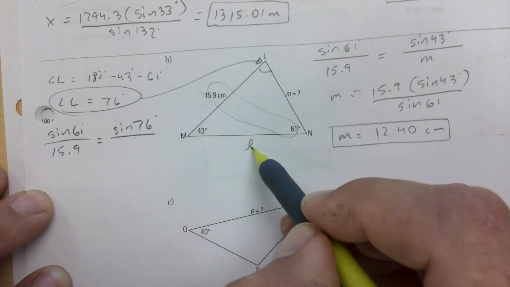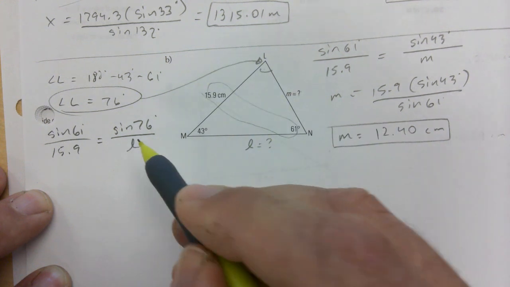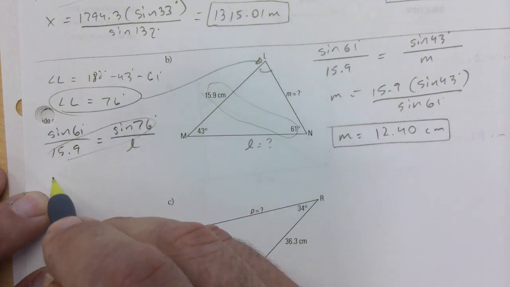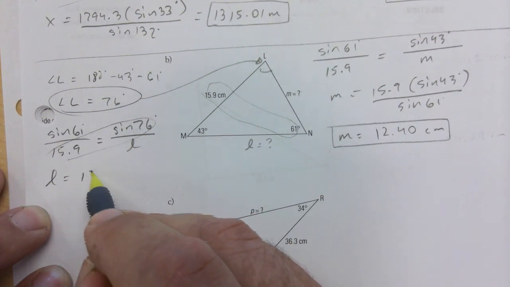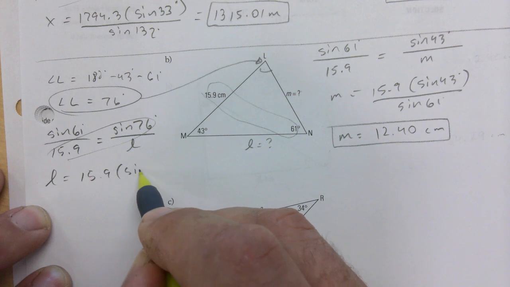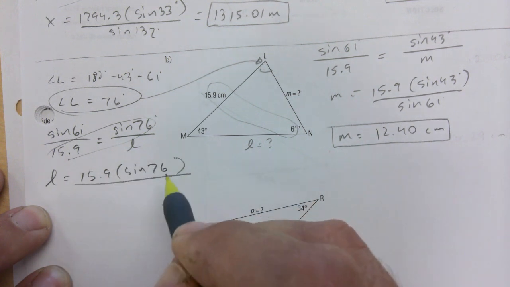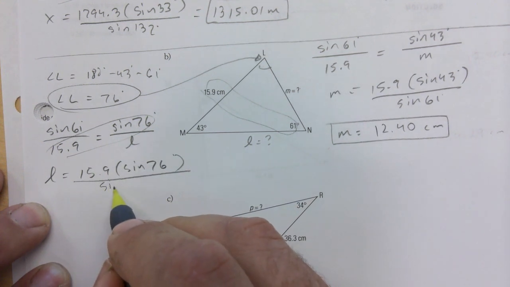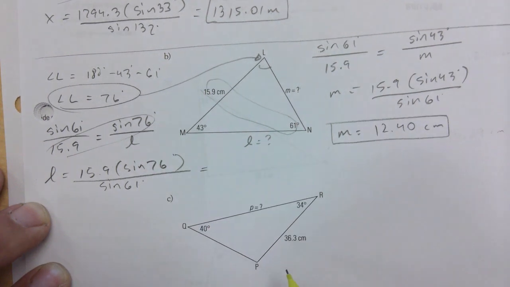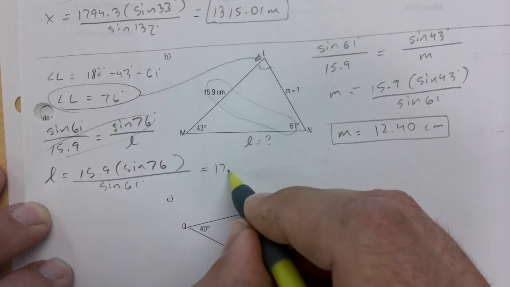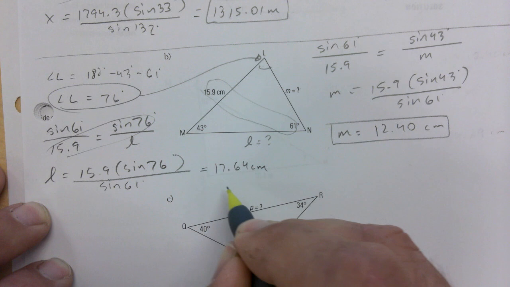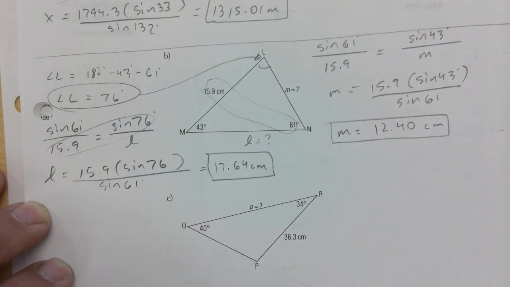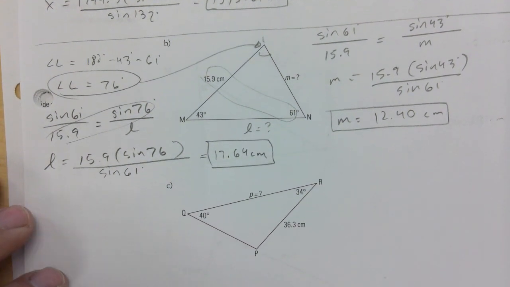So I'm going to find lowercase l, over sine of 61. And when I do that, I get 17.64 centimeters, right, for side L.